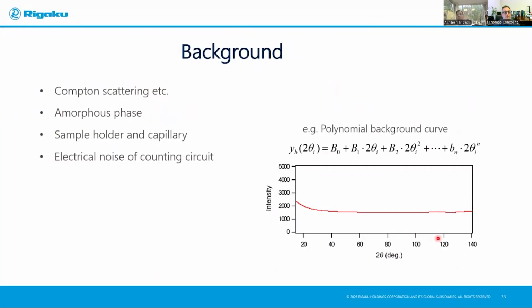Next time when you go, you'll see what those choices mean. It could be B-spline, polynomial, inverse polynomial, or even FP methods using your instrument parameters. But the idea is to generate any kind of background that is coming from your instrument because of Compton scattering, amorphous phases, sample holder and capillary, and electrical noise of counting circuits.